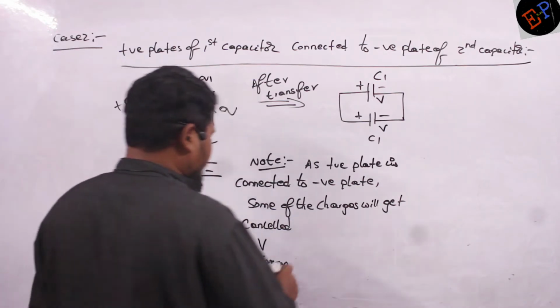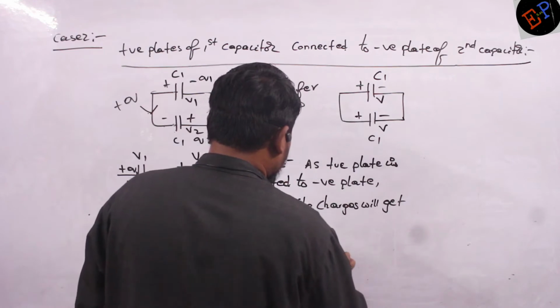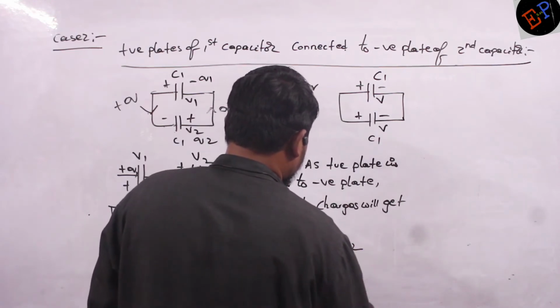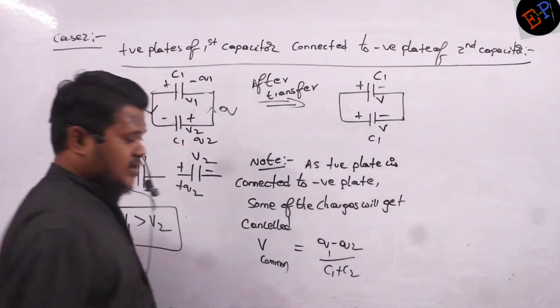So V common, now how can I write it? Q1 minus Q2 divided by C1 plus C2.